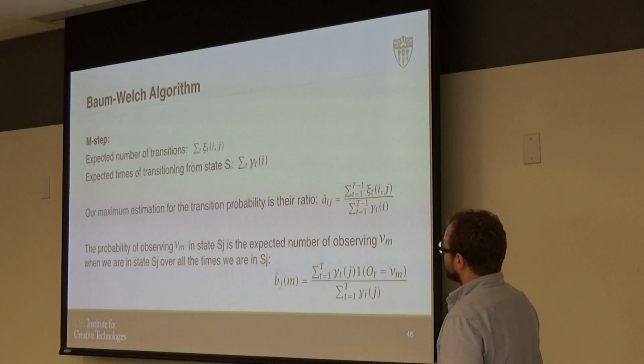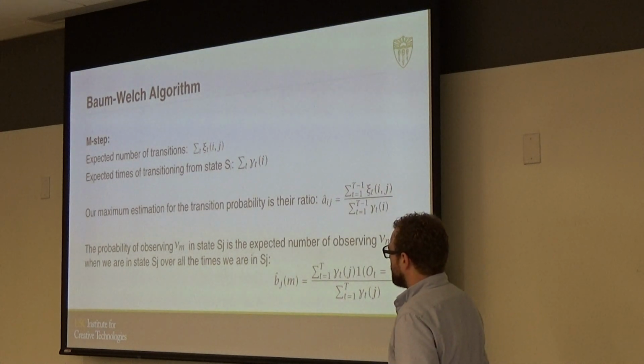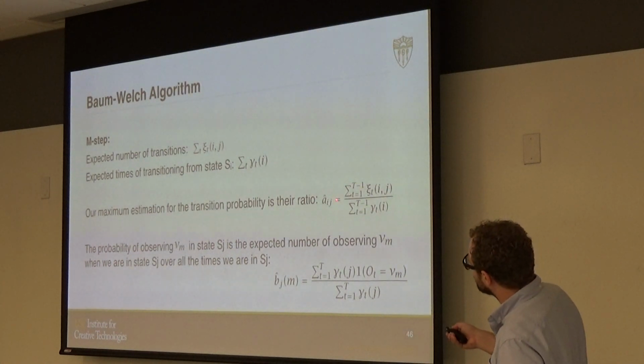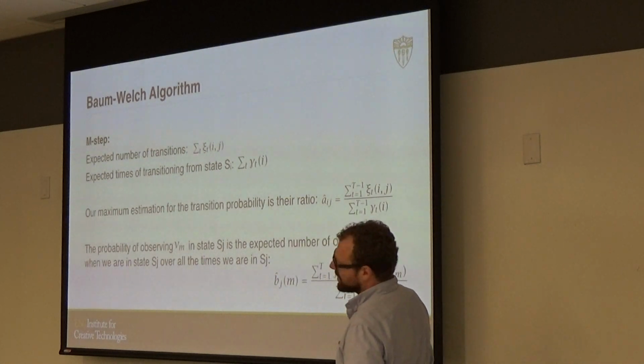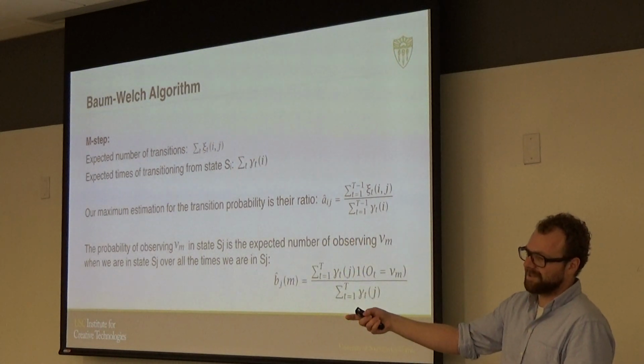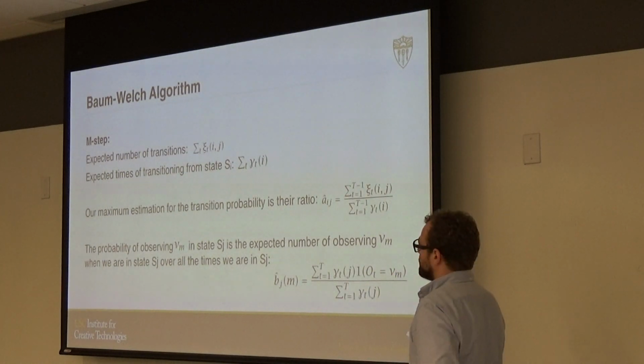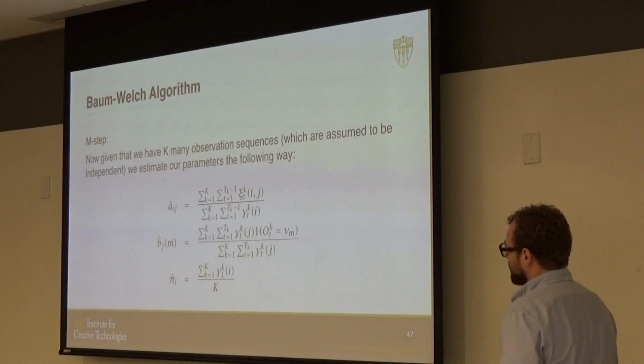This is the way we maximize these parameters. Now these Aij and Bj go into the calculation of the variables for the next expectation step, and through the iterative process we get to the optimal model.